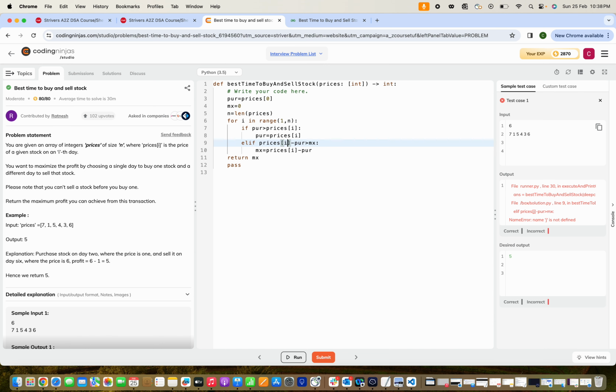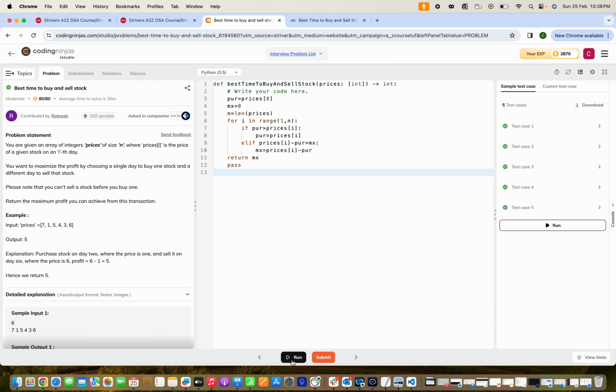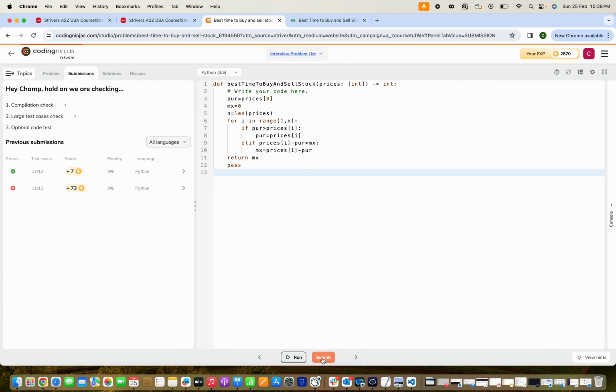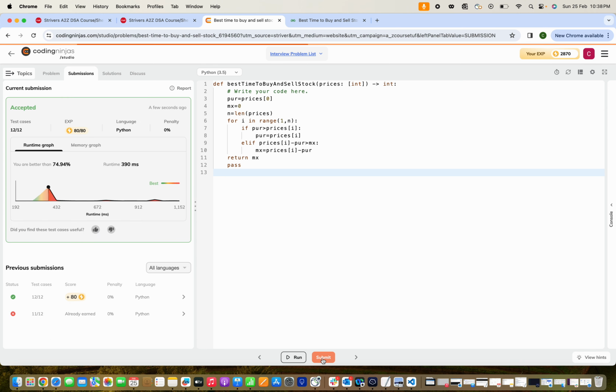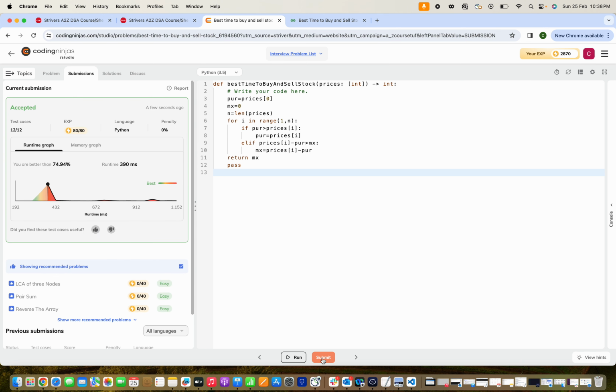Okay, my bad, it's i. Alright, let us try to submit. Yeah, it passes all the test cases. So this approach is known as the greedy approach.